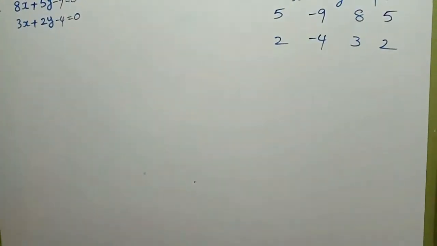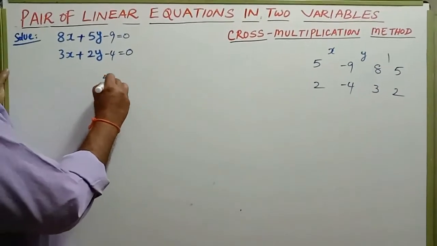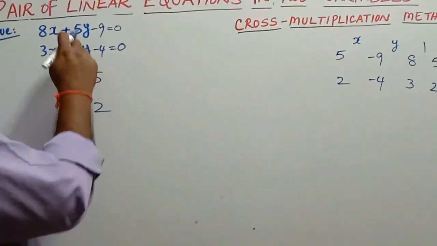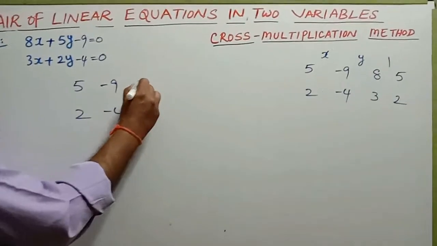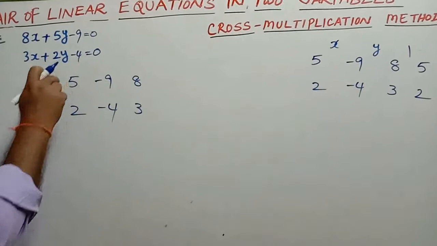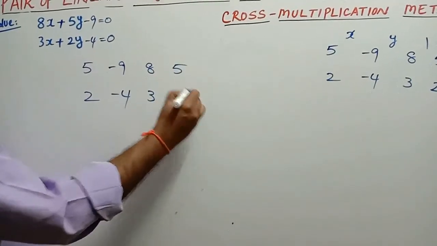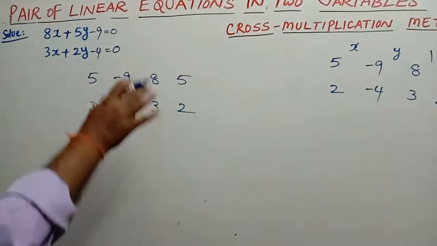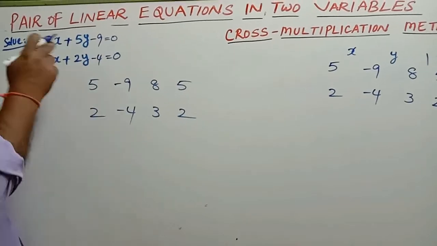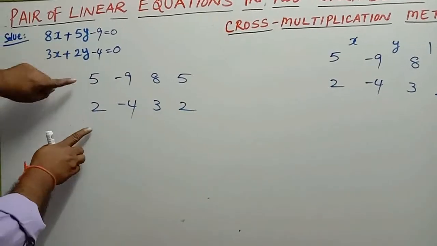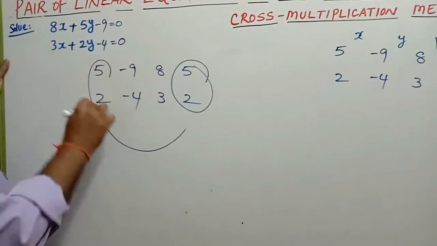Once again I am writing: 5, 2, minus 9, minus 4, 8, 3, and again the y coefficients 5, 2, minus 9, minus 4, 8, 3, and again 5, 2. Here and here we get the same thing.